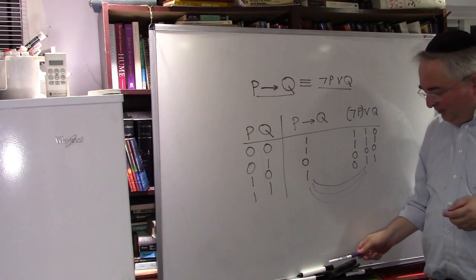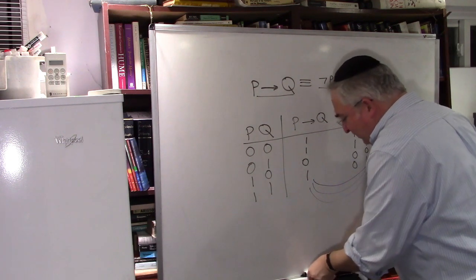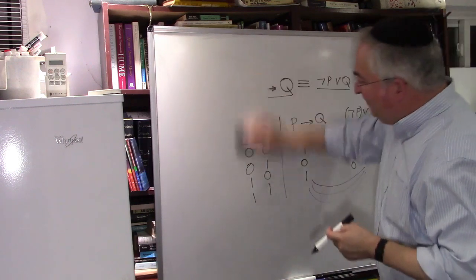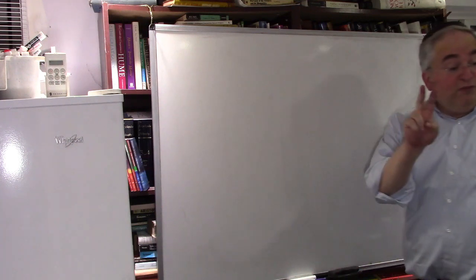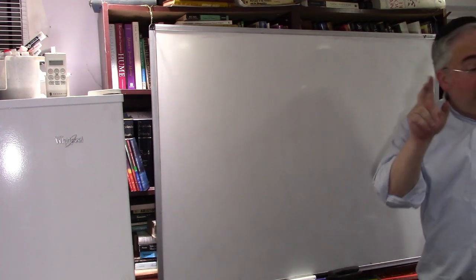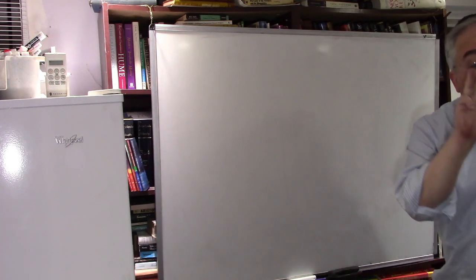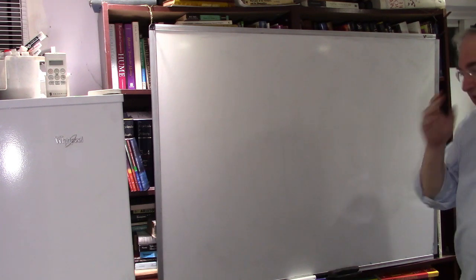Okay? Okay, great. Now, let me show you what we're going to do next, because we have a lot to do. This is fine for two variables, P, Q, or A, B. What happens if we have three variables? So let me give you an example.